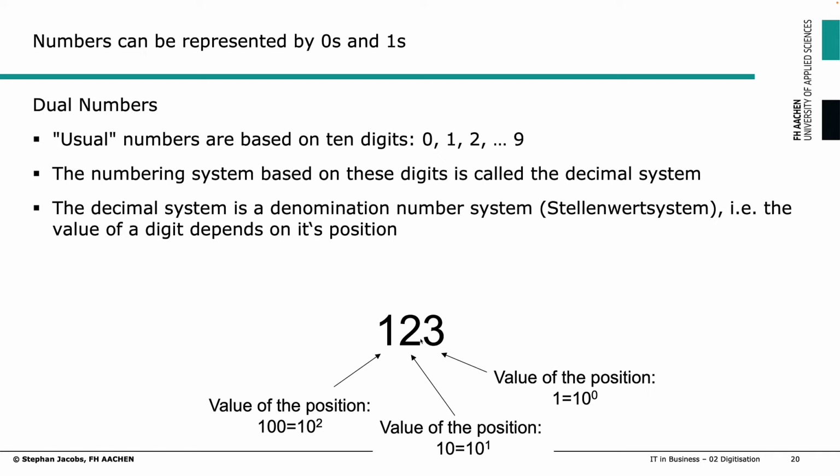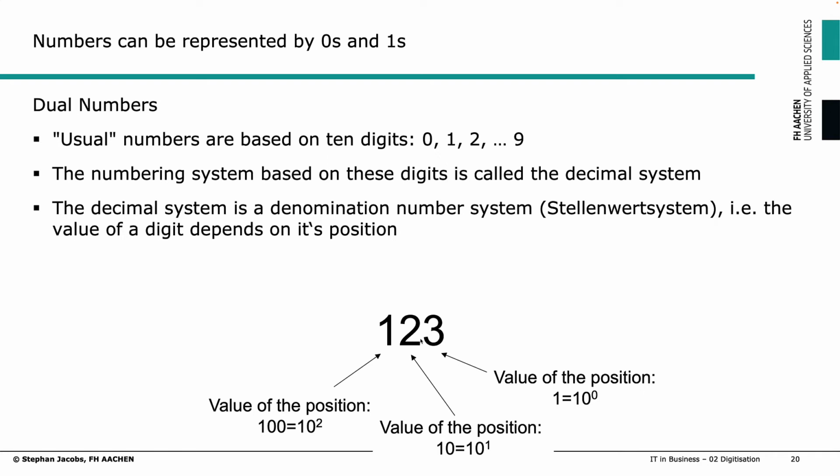Then the 2 means we have 2 times the value 10, which is 10 to the power of 1. And the first 1 stands for the hundreds, which means we have 1 times the value 100, and 100 is 10 times 10, 10 to the power of 2.